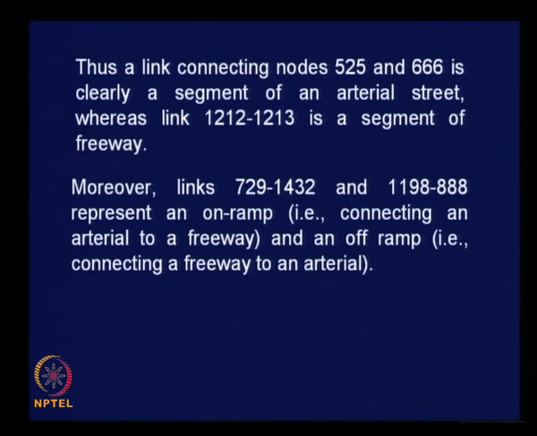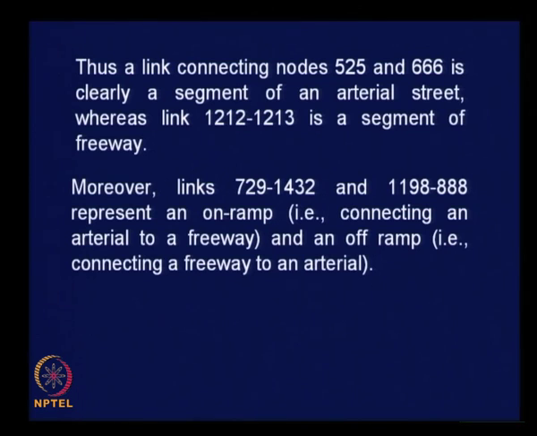This refers to an on ramp going on to the expressway from the arterial, and an off ramp has the number 1198 and 888, from the expressway to the arterial.